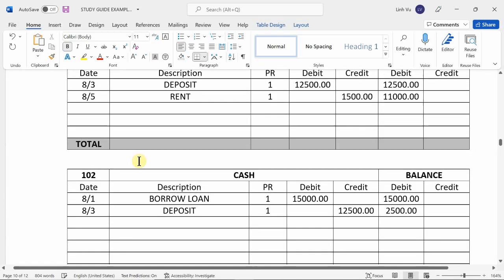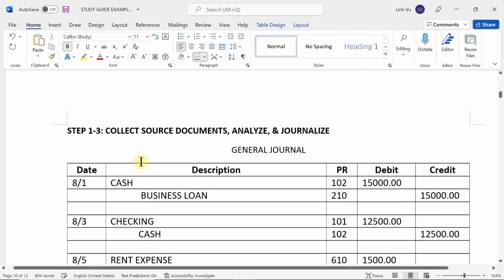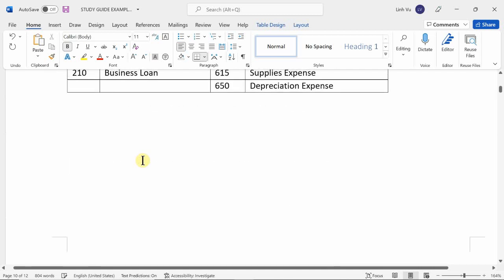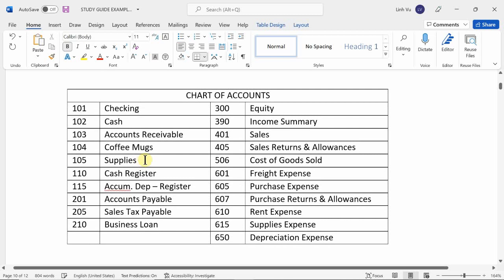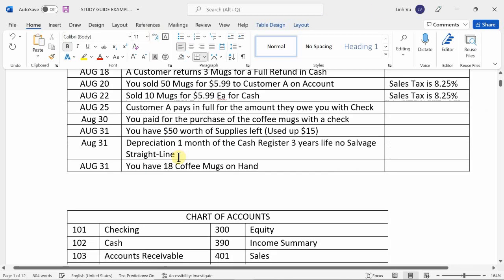So, let's see what's next now. Okay. Next is going to be that on August 10, you purchased $65 of supplies with cash. $65 with cash. Okay? $65 worth of supplies with cash.